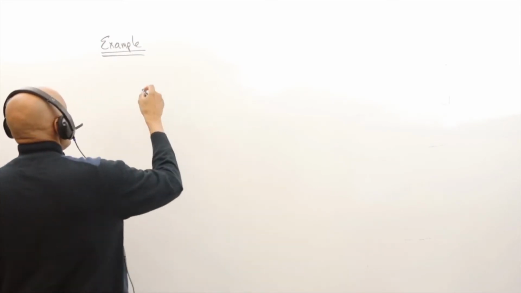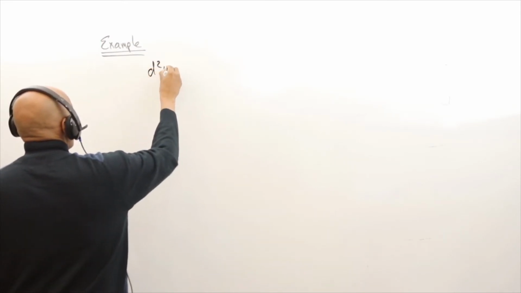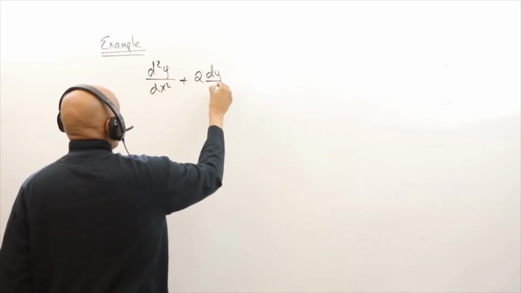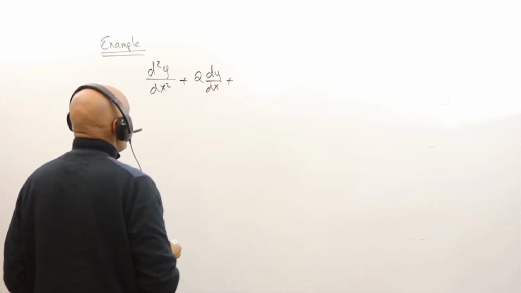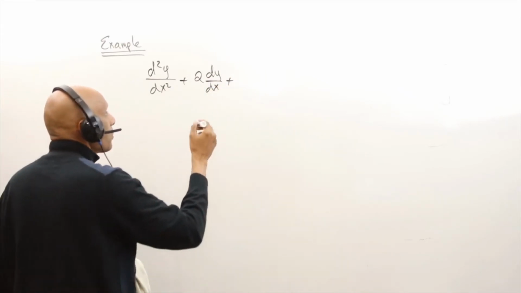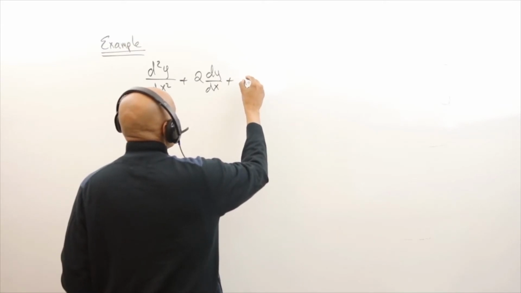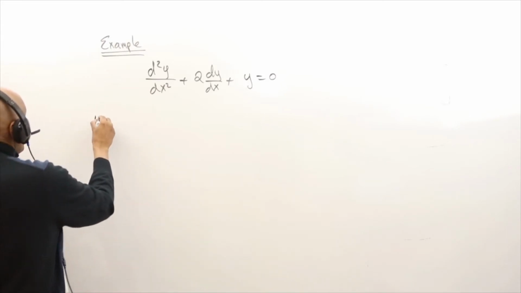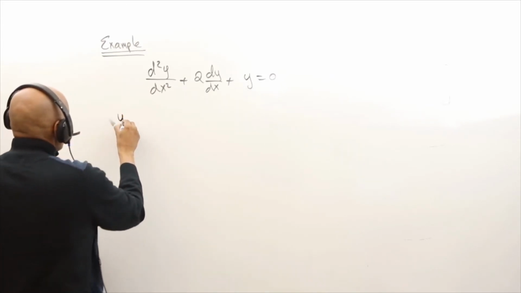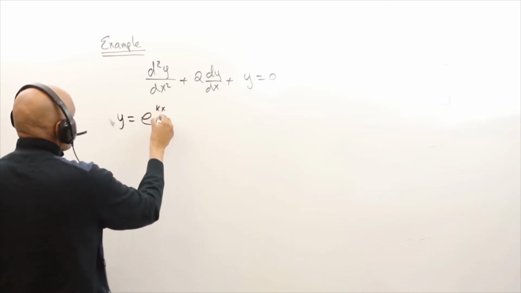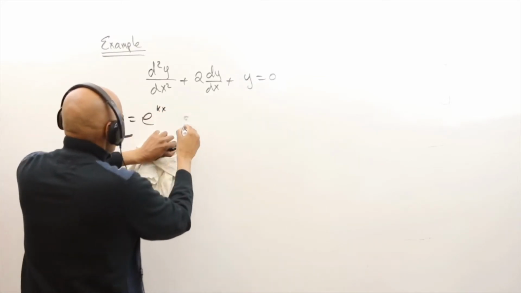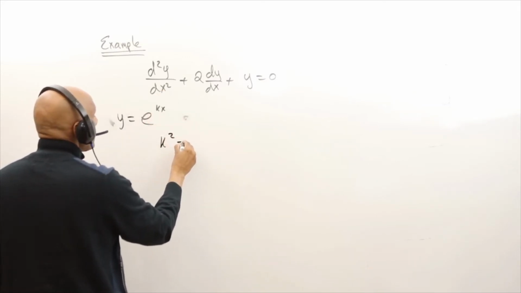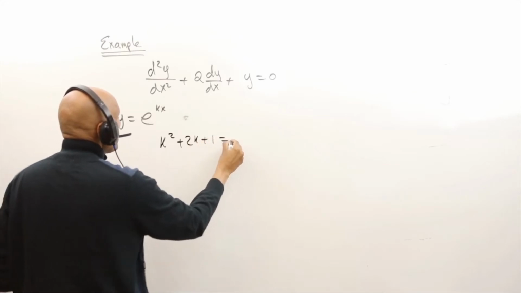So here's a differential equation, second order again, plus 2 dy dx, times y equal to 0. Remember, these are all homogeneous linear differential equations with constant coefficients. Substituting y equals e to the kx, we can get the characteristic equation just by looking at it, which is k squared plus 2k plus 1 equals 0.